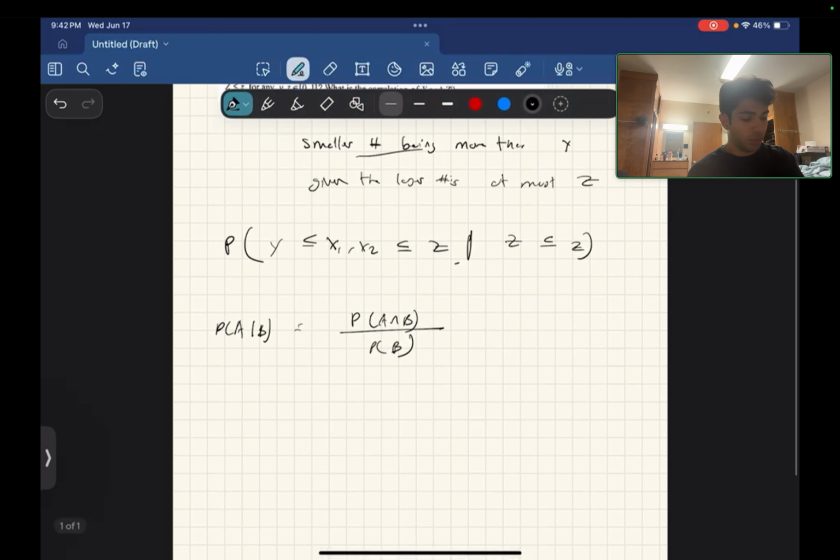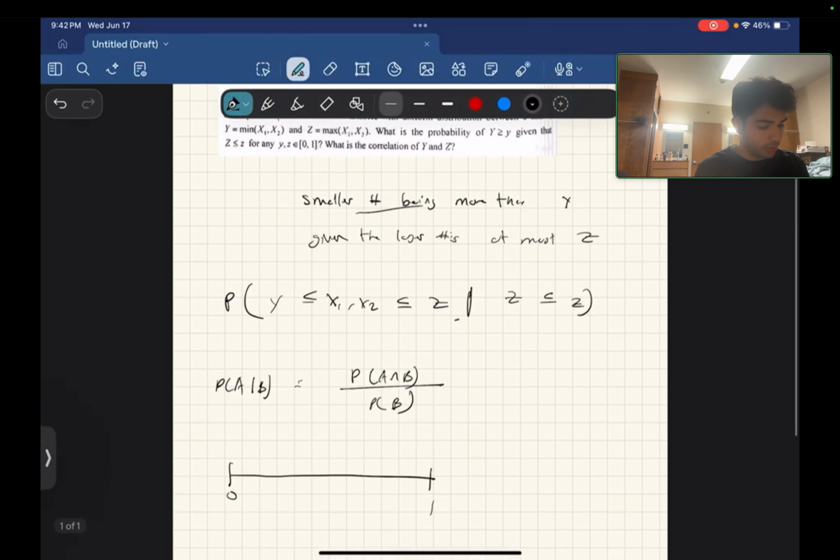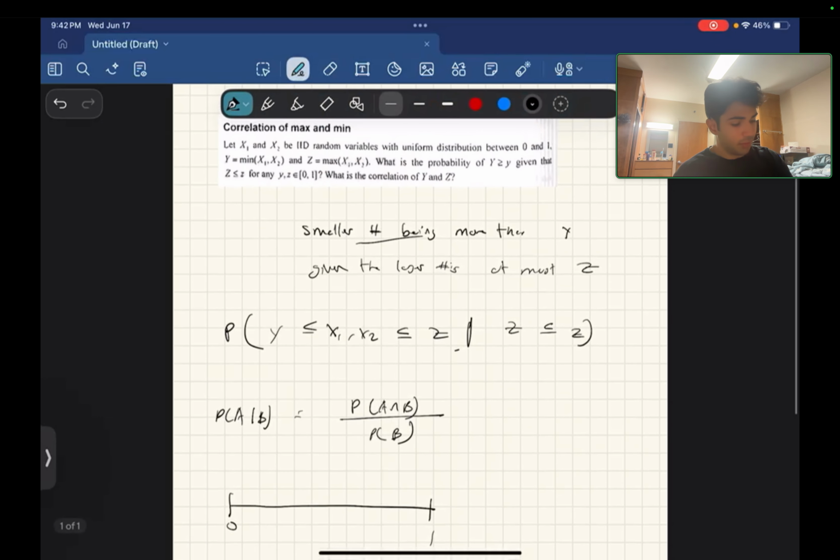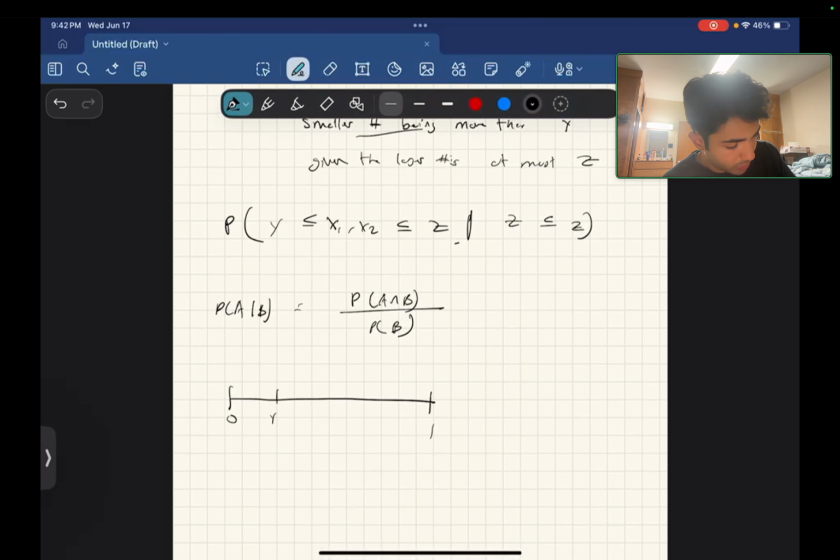Okay, so on a number line from 0 to 1, because that's what our distribution is like, the support is 0 to 1. We have some y here and some z here. We need both of these random variables, x1 and x2, to be between y and z. So the probability that x1 is between y and z is going to be the size of this length, the gap between y and z.